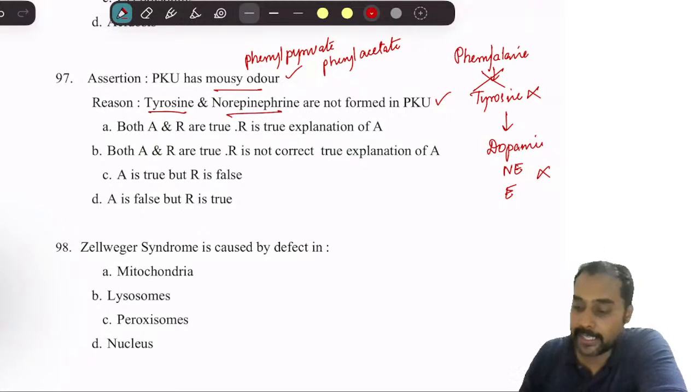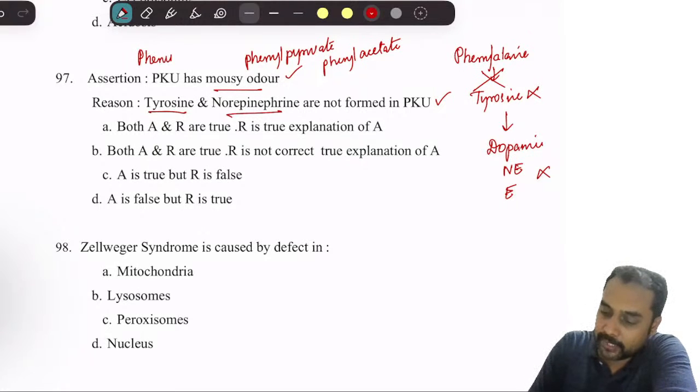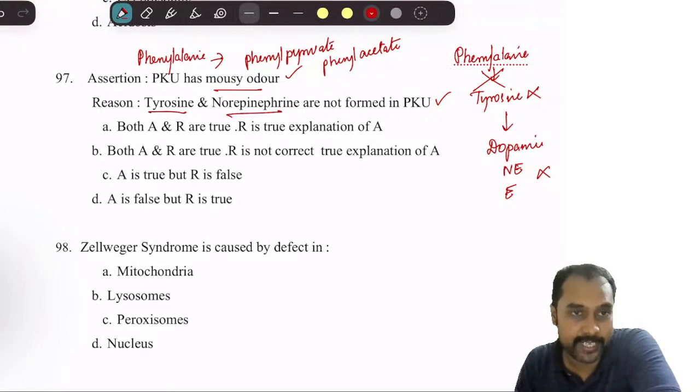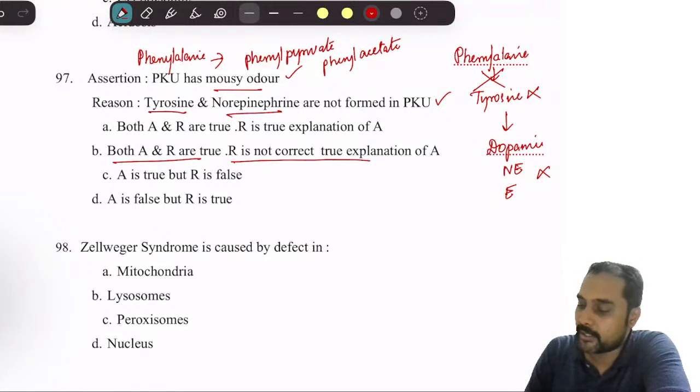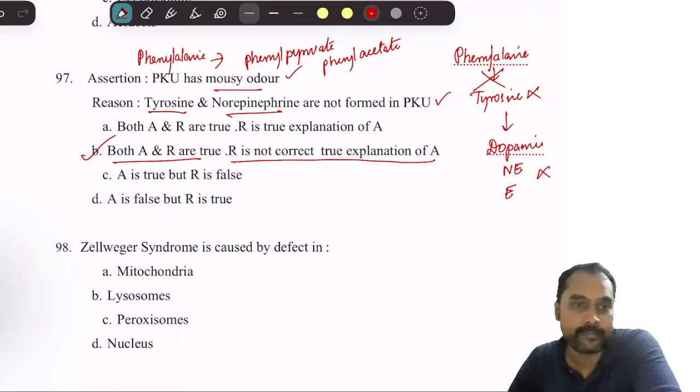That is coming from the accumulation of phenylalanine. So it is not a problem because of the lack of tyrosine. It is a problem because of excess phenylalanine. So both A and R are true, but R is not the correct explanation of A. That is the answer. Okay.